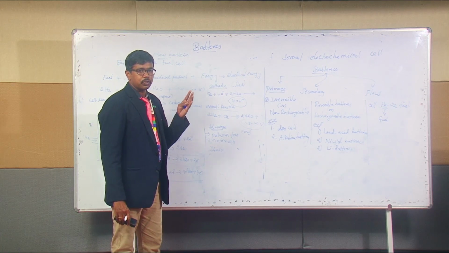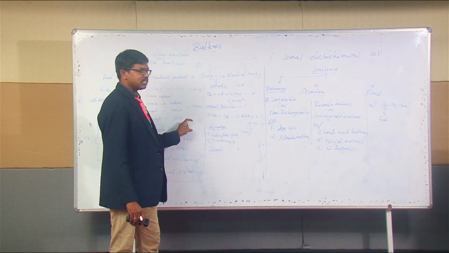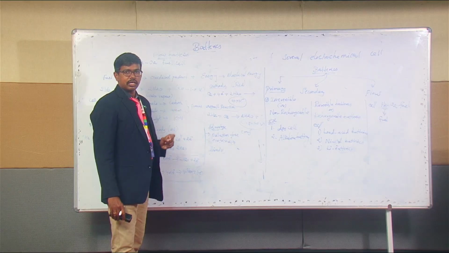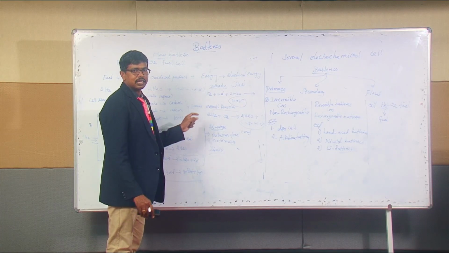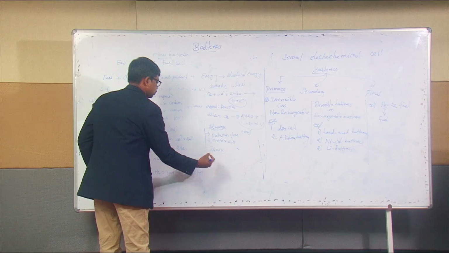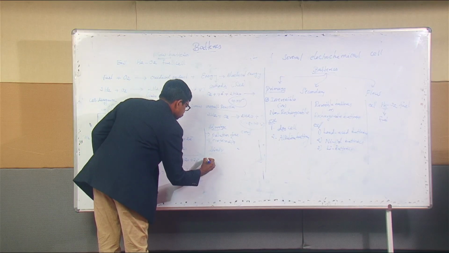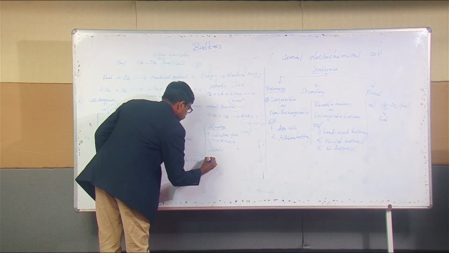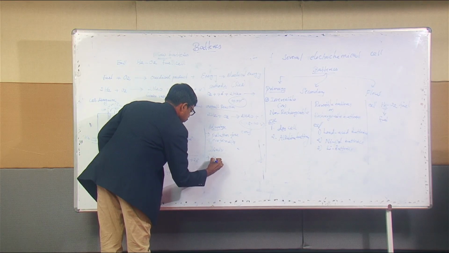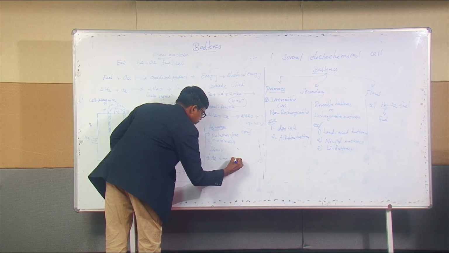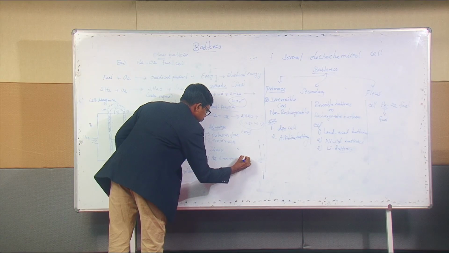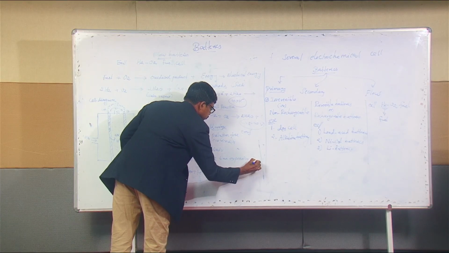So care should be taken during the usage of this hydrogen, because hydrogen is a highly flammable gaseous substance. Care should be taken while utilizing this fuel. And H2 is also an expensive fuel.